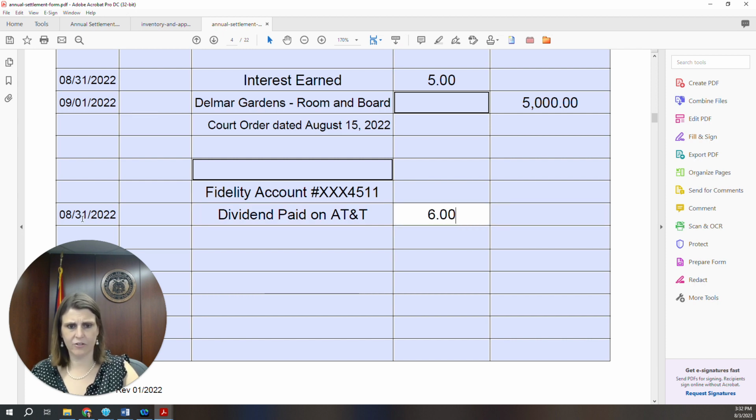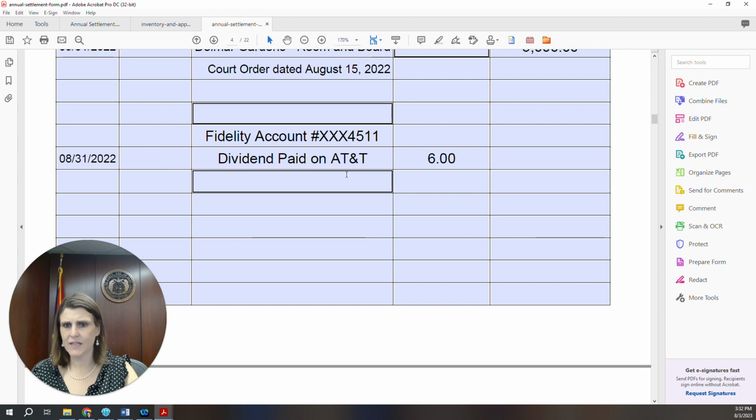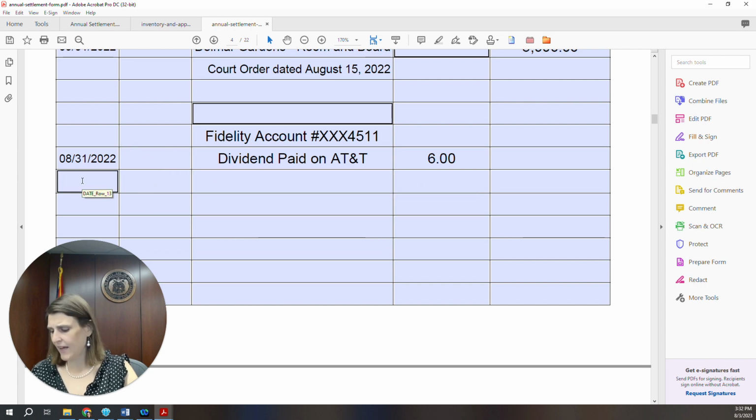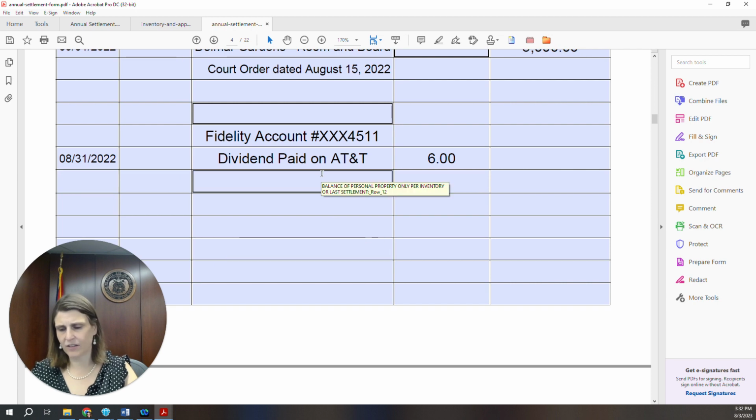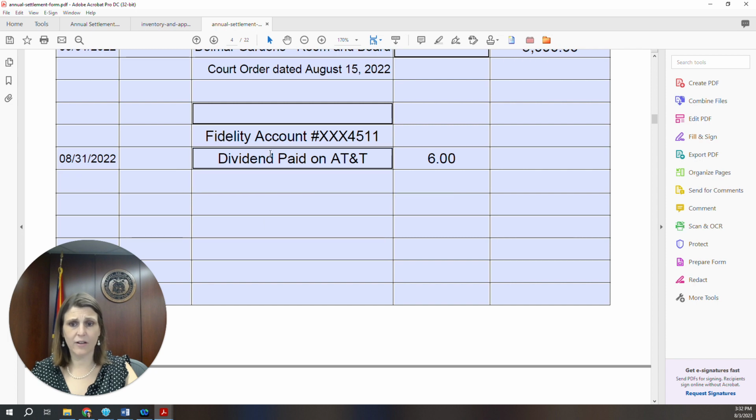So you want to go through each statement, say what your dividends were, and then at the very end you want to do your gains and losses so that that can also be seen as appropriate, because you want this to balance to the statement at the end. Okay, so it's really important for you to be able to do that.